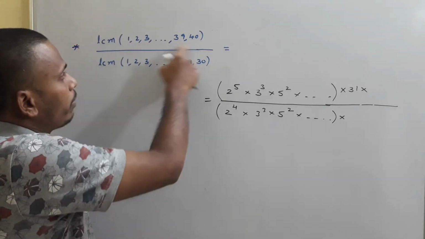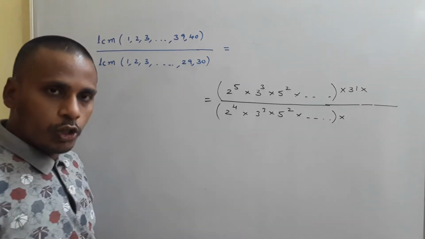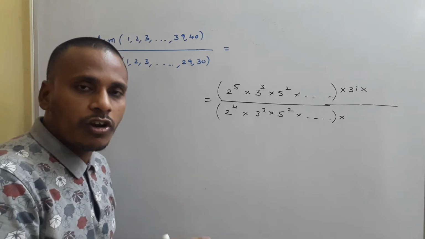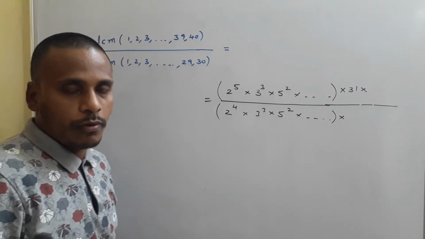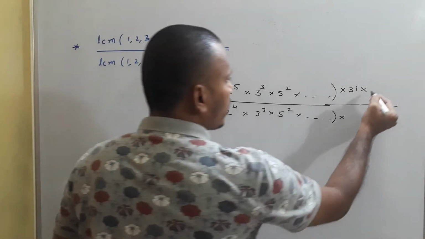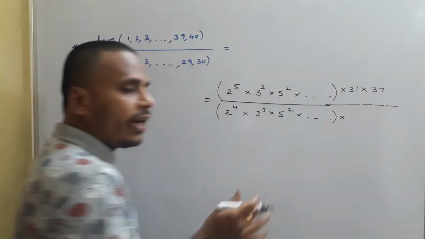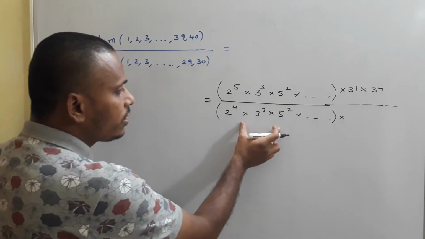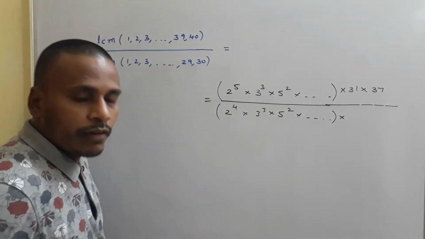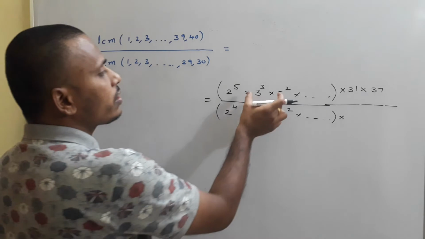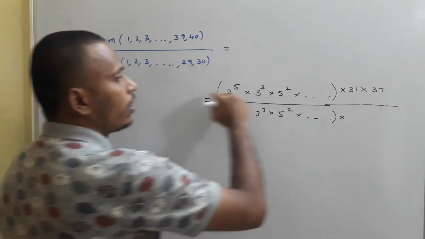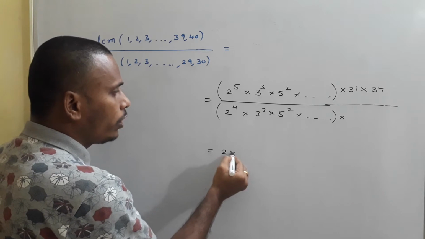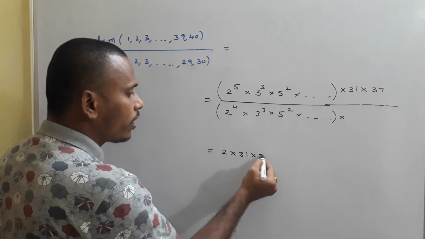So 31 you will get in the numerator, 32 is not prime, 33 is not prime, 34 is not prime, 35 is not prime, 36 is not prime, 37 is prime, and 38, 39 and 40 are not primes. So ultimately, this is the LCM of the denominator, the first 30 natural numbers, and this is the LCM of the numerator, the first 40 natural numbers. When you cancel out, you are left with 2 into 31 into 37.